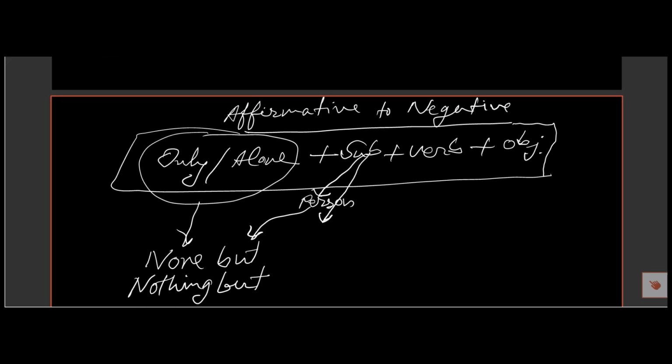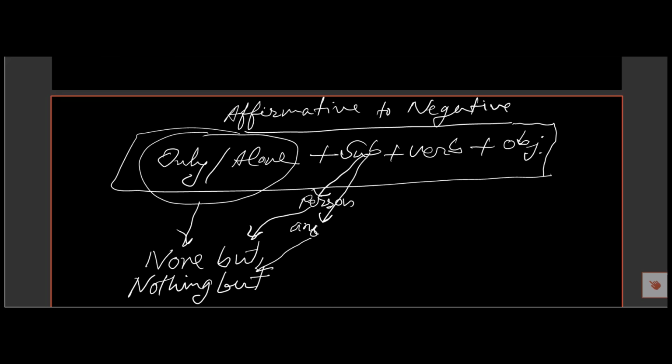If the subject is not a person, then "nothing but." If the subject denotes a person, then "none but," and if the subject does not denote a person, then "nothing but."